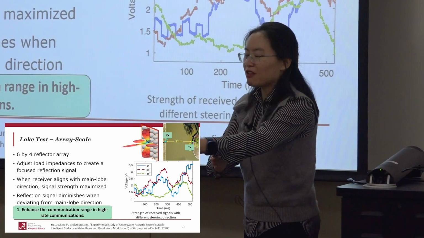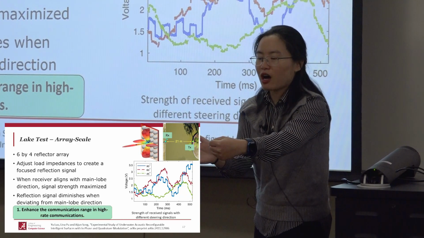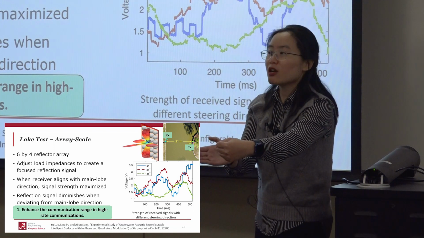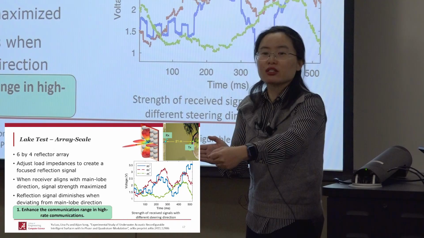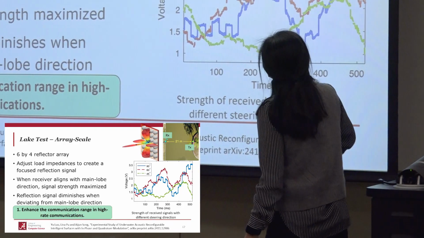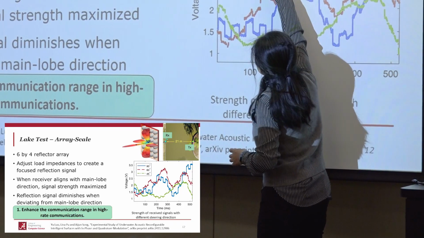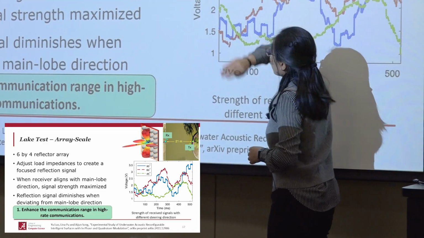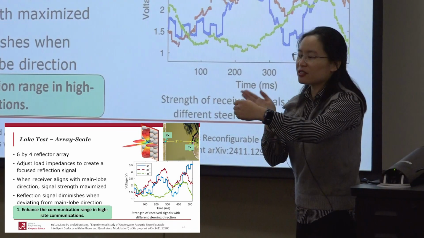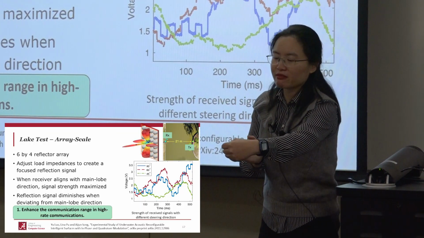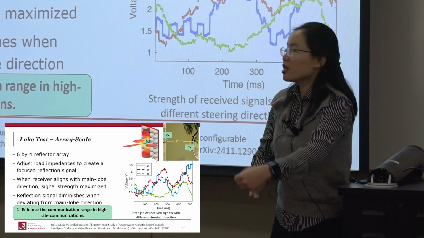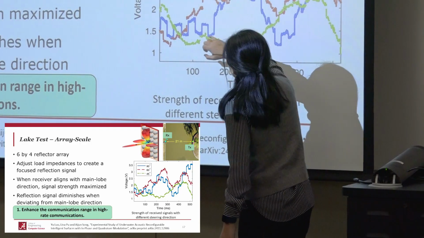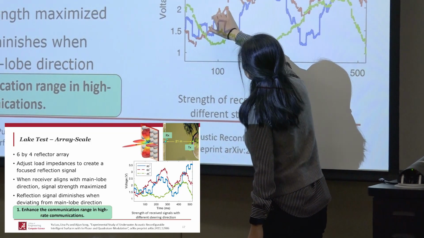So when we deviate the direction away from the receiver, we should expect a reduced reflection signal. So that is the result of the 60 degree and 45 degree. That means 30 degrees away from the receiver and 45 degrees away from the receiver. So we can see, again, we needed to look at those steps.